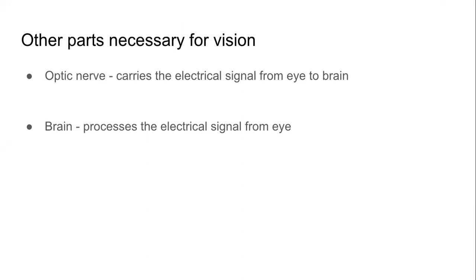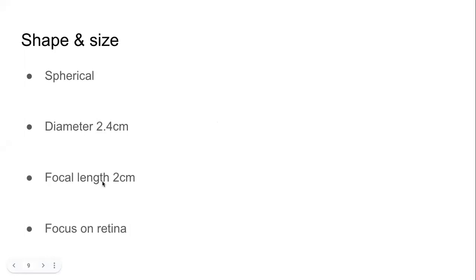But if we get into a little bit more detail, which is necessary, we know that the eye, also called the eyeball, is spherical because it is ball-like. The diameter is almost 2.4 centimeters generally. And here, remember, it's a very interesting thing about eyes.